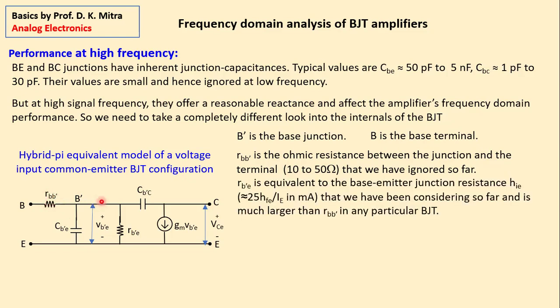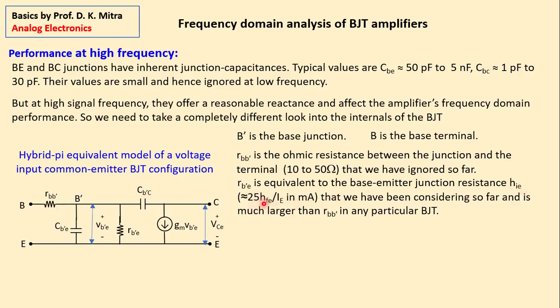Now, there is another resistance. This is the junction resistance that so far we have talked about, the base-emitter junction resistance. RB'E is equivalent to the junction resistance hie, which you have learned, whose value I've given in the bracket.